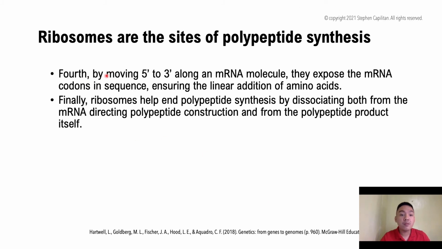Fourth, by moving 5' to 3' along an mRNA molecule, they expose the mRNA codons in sequence, ensuring that there is linear addition of amino acids. And finally, ribosomes help end polypeptide synthesis by dissociating from both the mRNA that directs polypeptide construction and the polypeptide product itself.